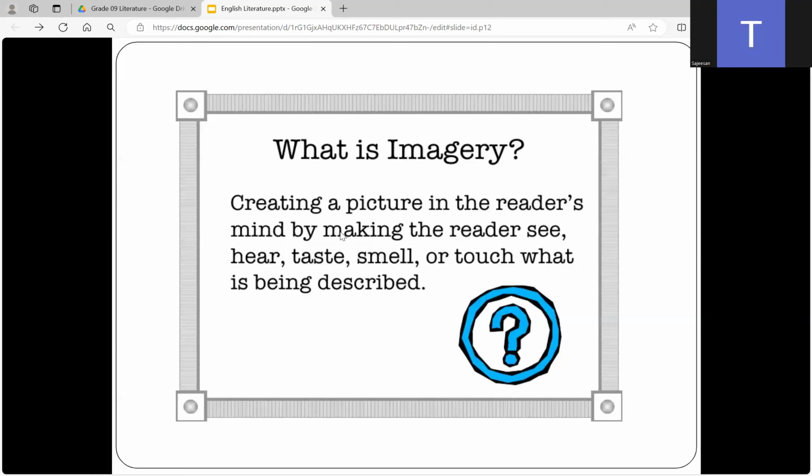And also, wow, what a strawberry and chocolate ice cream I tasted yesterday. While we are listening to this kind of sentences, you also feel like eating something. So those are ample evidence for you to understand about imagery. Any doubts? No, sir.